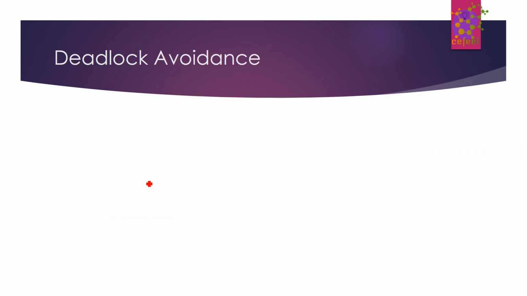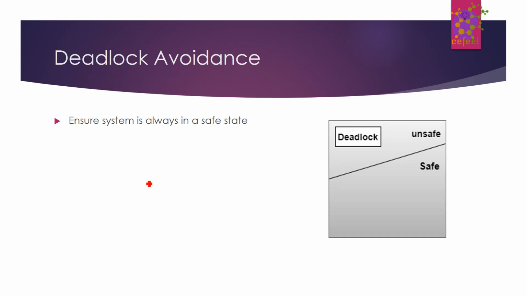Let's go ahead and see the next item, which is avoiding deadlocks. Avoiding deadlocks uses the concept of safe and unsafe states, where we ensure that the system always stays in a safe state and never moves to an unsafe state.